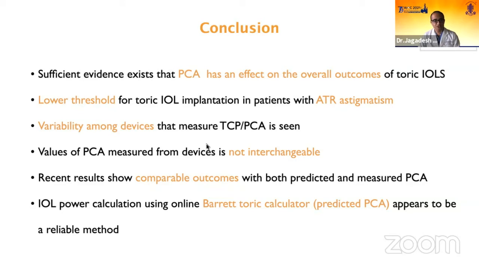Recent results showed comparable outcomes with both predicted and measured PCA. So calculation using the online Barrett toric IOL calculator with a selection of predicted PCA appears to be a very reliable method, and that's my preferred choice as well.